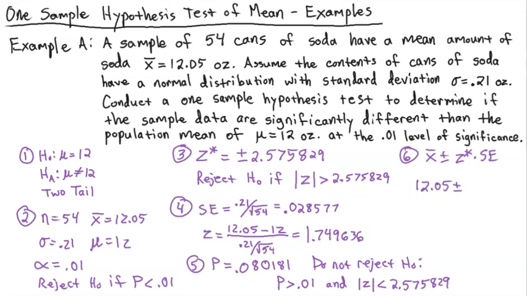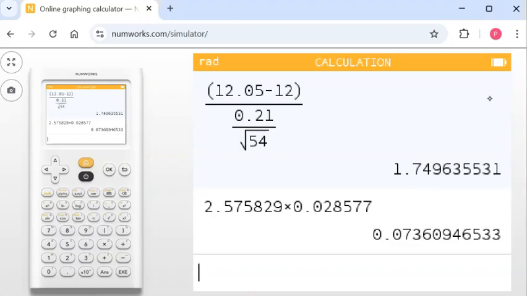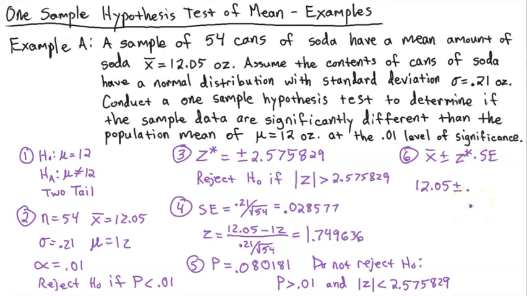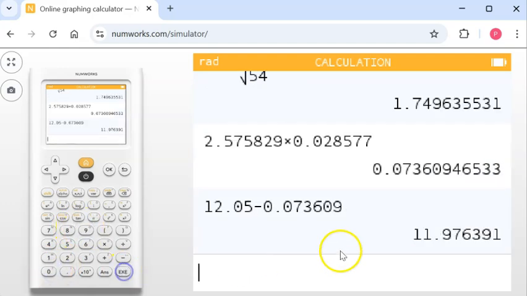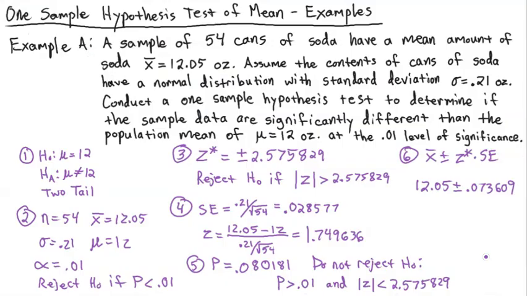We're going to subtract and add this number, 0.073609. So first we're going to do 12.05 minus 0.073609. And that gives us 11.976. We'll stop at 11.976.